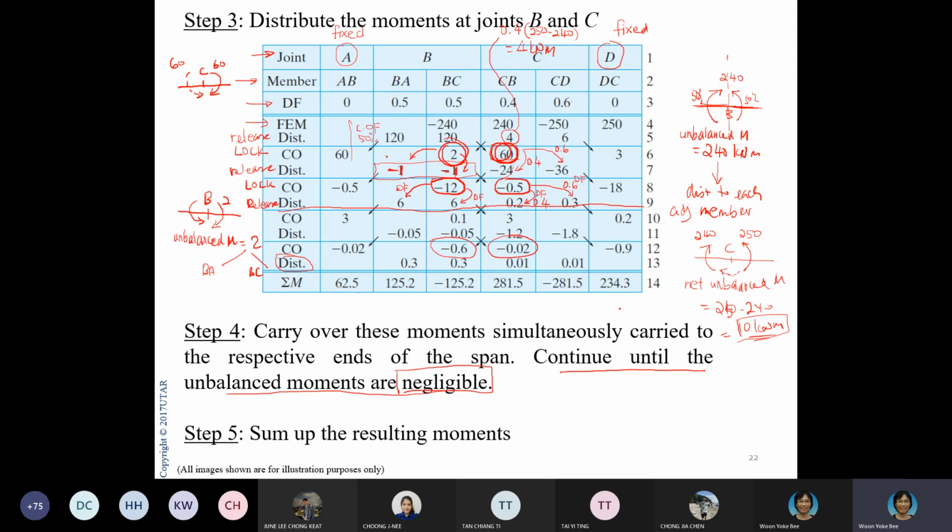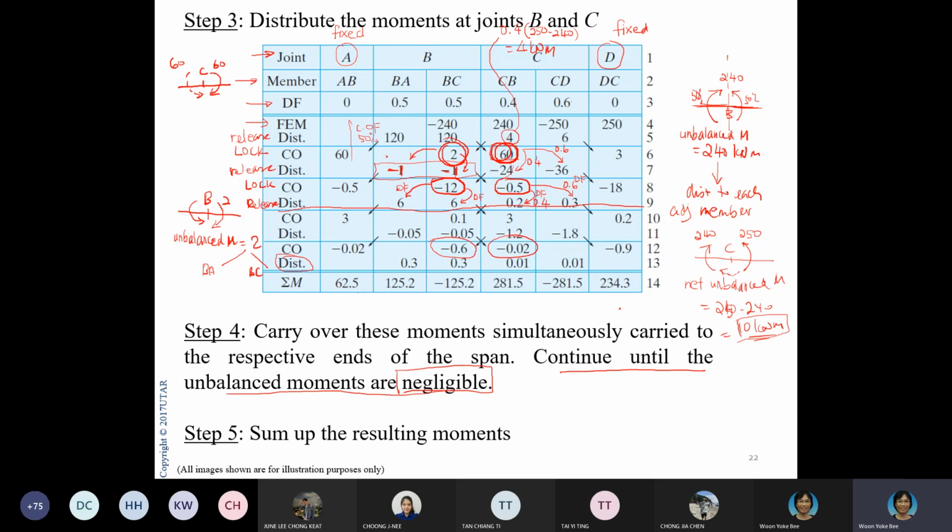But if your intent is only to counter check the computer output, you don't need such a high level of accuracy. If you get within the range, in this case 62, 125, 280, you can say it's good enough, and the computer output is okay. It really depends on your intent.